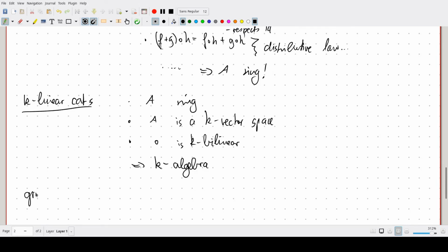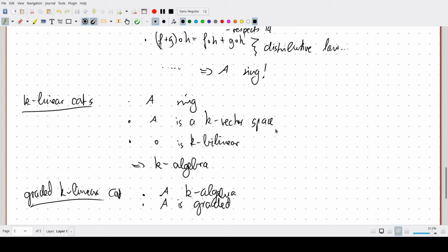Next thing, graded k-linear category. Well, we saw A is a k-algebra, but A is also graded, or a graded vector space.